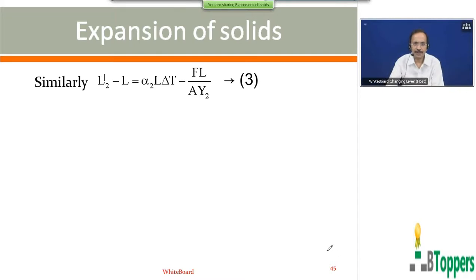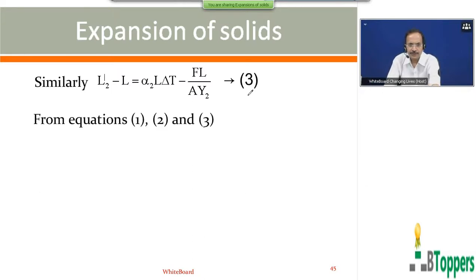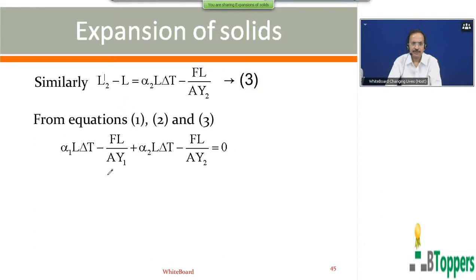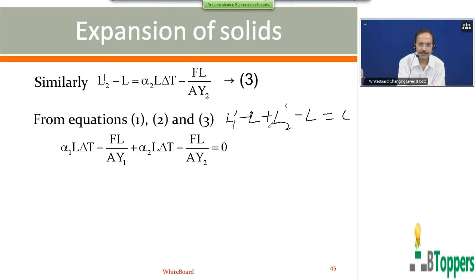Similarly, L2 dash minus L. You can write alpha 2 into L delta T minus FL by A Y2, and call that equation 3. So from equations 1, 2, and 3, that means I have substituted. As I already told, L1 dash minus L, the change in length of the first rod, plus L2 dash minus L is 0.